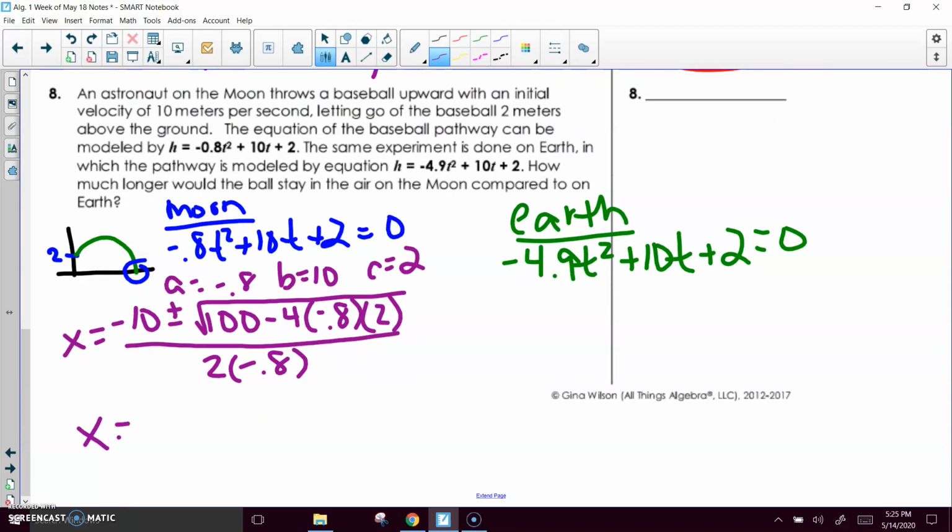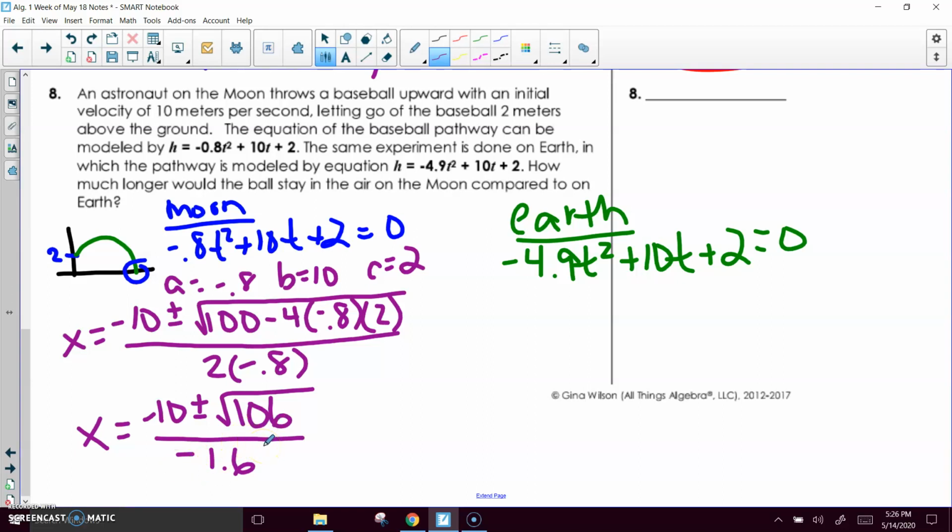Okay, so x equals negative 10 plus or minus the square root of something over negative 1.6. So we pull out our calculator and type in 100 minus 4 times negative 0.8 times 2. When we do that, we get the square root of 106.